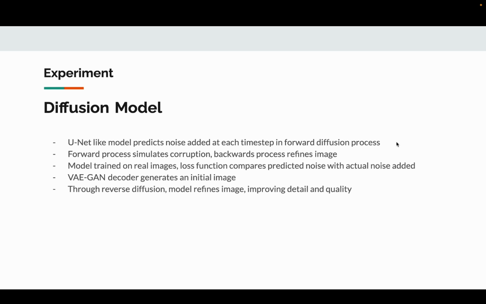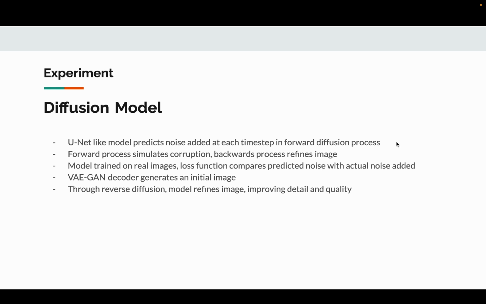We use a U-Net architecture model to predict the noise at each time step in the forward diffusion process. The process simulates corruption, and the backwards refines the image, like I said, from the latent space. The model was trained on real images. The loss function was to compare the predicted noise with the actual noise added in order to calculate the gradient updates.